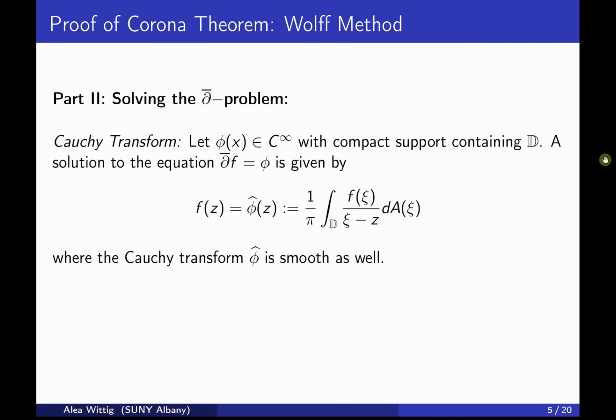So given a smooth function phi with compact support containing D, a solution to d bar F equals phi is given by the Cauchy transform of phi. And the Cauchy transform phi hat is smooth as well. So defining w_jk as the Cauchy transform of h_j bar h_k will solve our d bar problem.